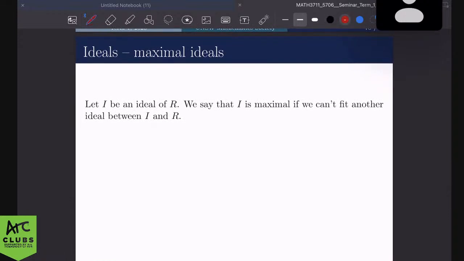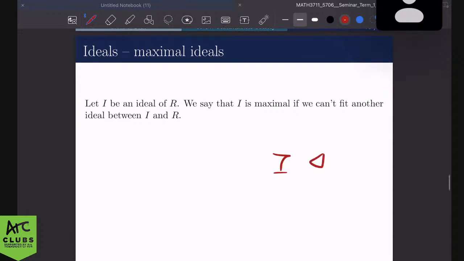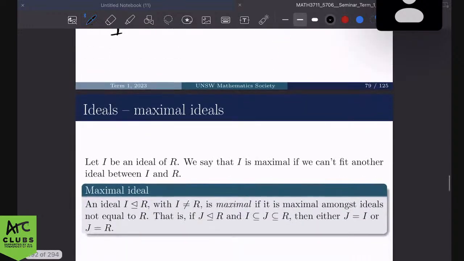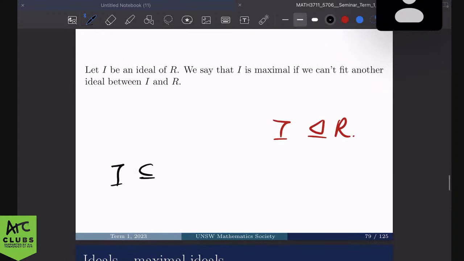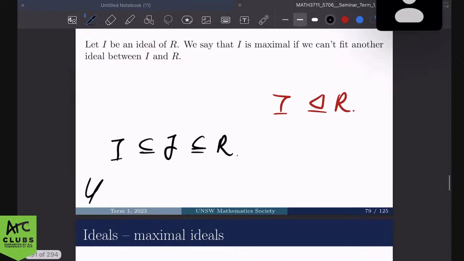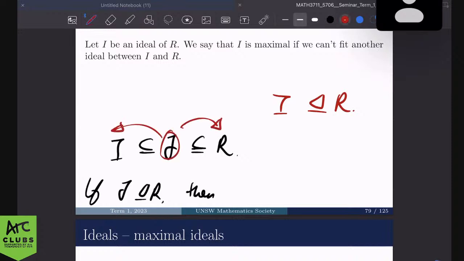So for I an ideal of R, we say the ideal is maximal if we've got this over here, and if we've got an ideal between them, so I is a subset of J is a subset of R, then if J is an ideal, then either J is equal to I or J is equal to R. You can't have any non-equal sets sandwiched between them where J is also an ideal.